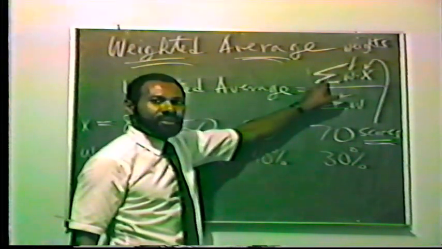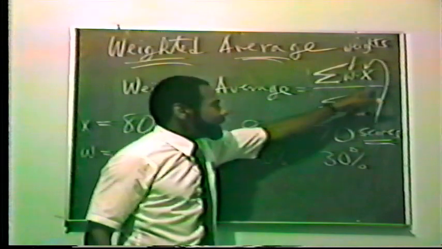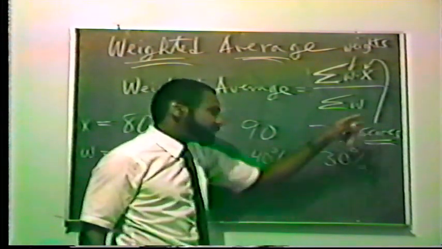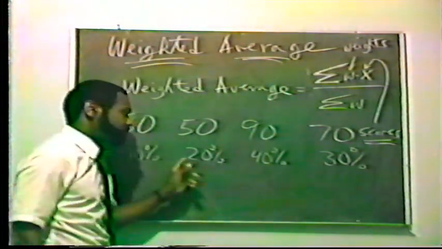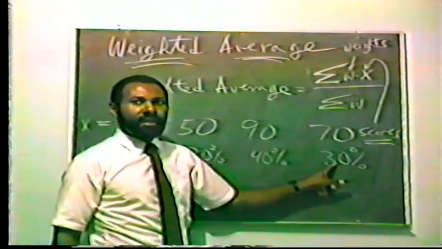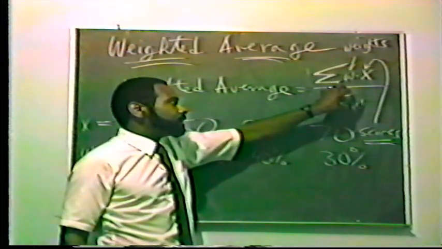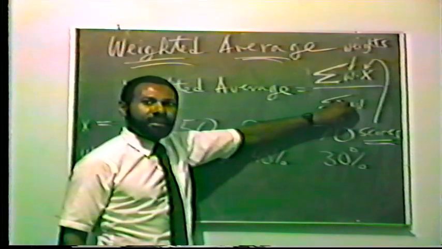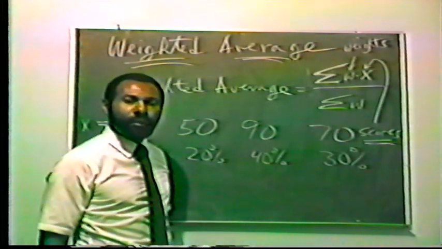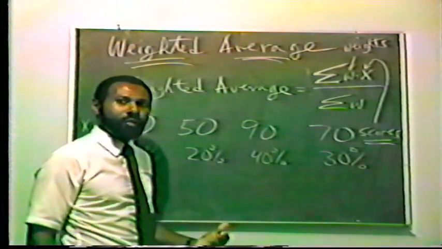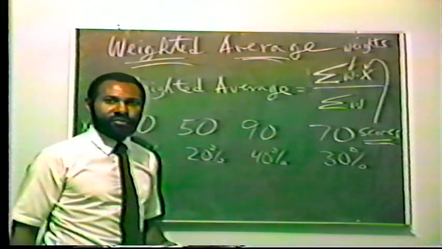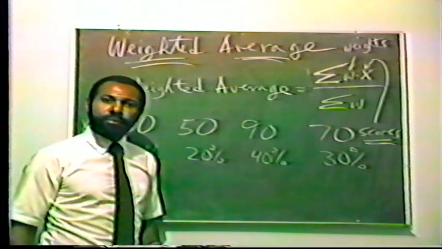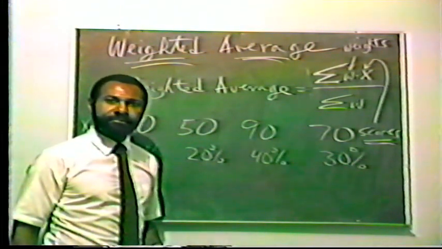Then in the denominator, we have to sum the weights, and we divide the numerator by the denominator. That gives us what we call the weighted mean. This is how you can figure out your average in your classes. In most of your classes, your professor is probably using a weighted mean.